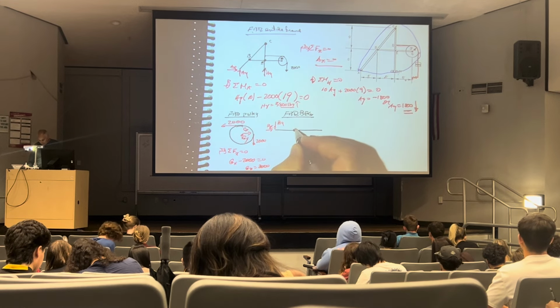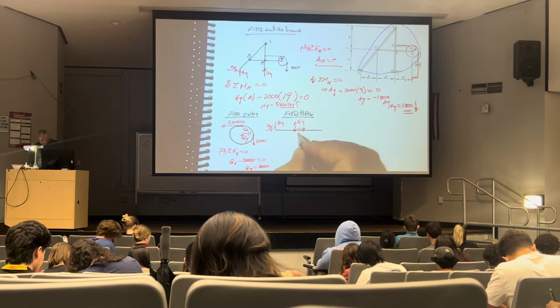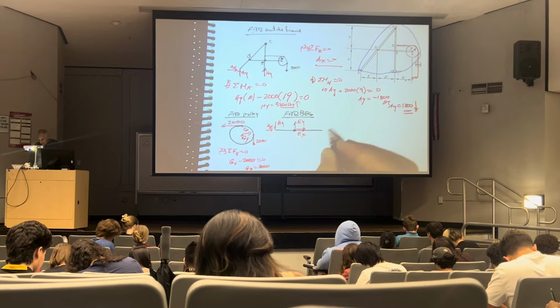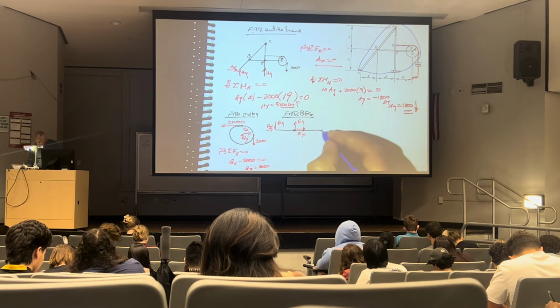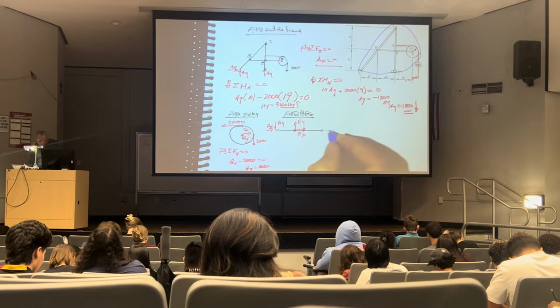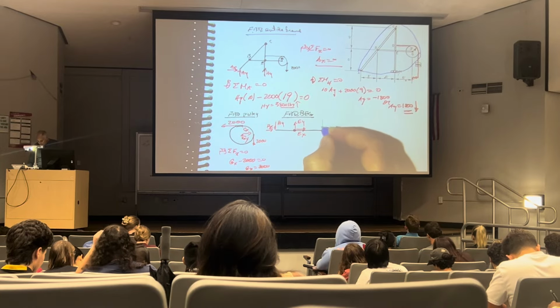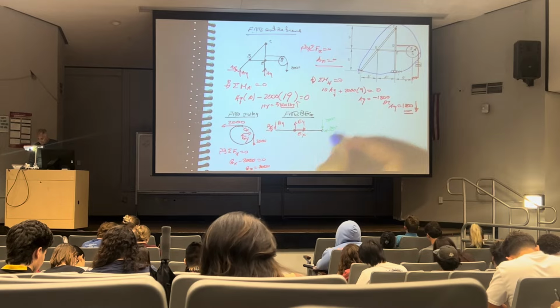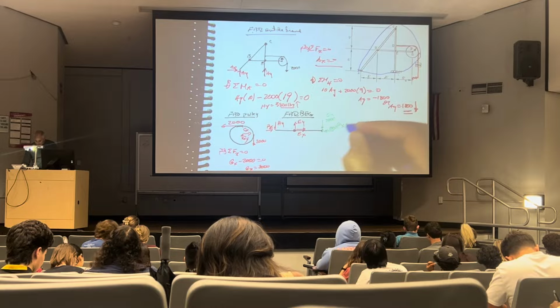I have to have an EY and an EX. I have to have GX and GY, but these have to be 2,000 this way and 2,000 that way. This is GY, that's GX.